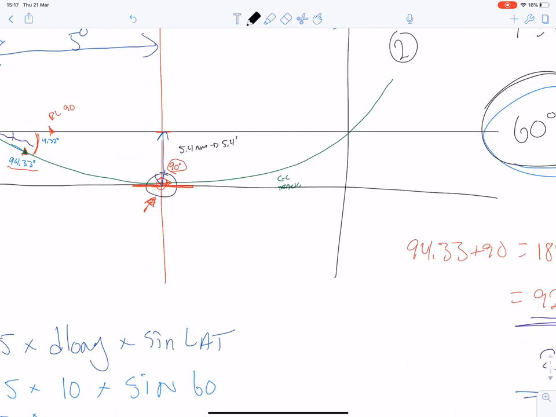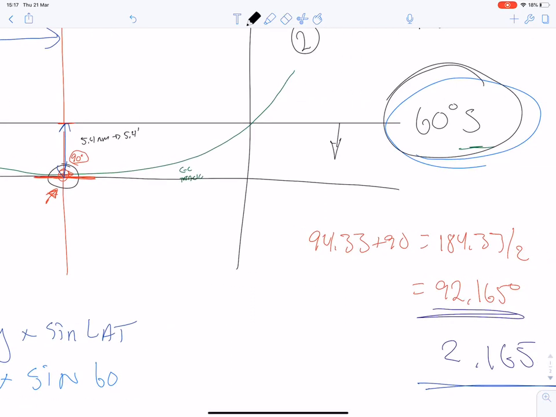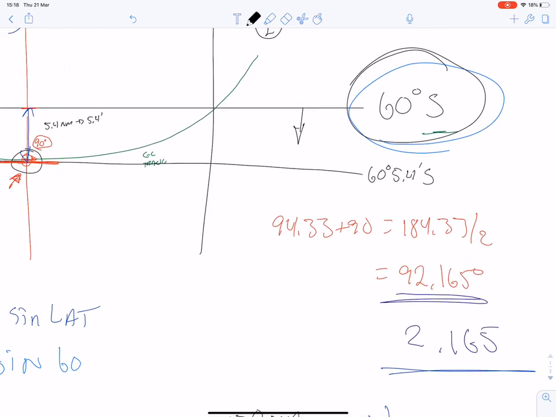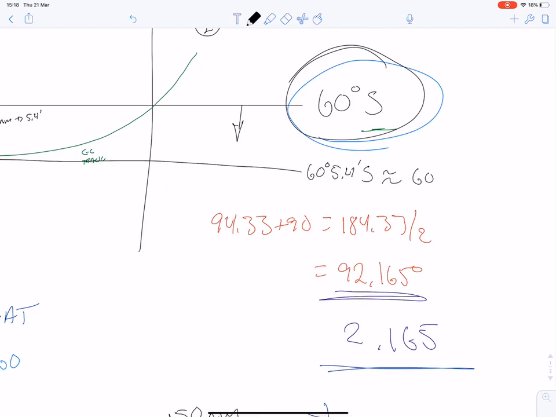So, in fact, this latitude would be 60 degrees south, 5.4 minutes south. So in some questions in the question bank, the closest answer, as I've seen, would be 60 degrees 6 minutes south, and that probably would be your final result.